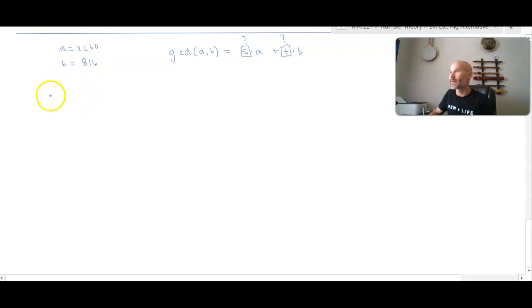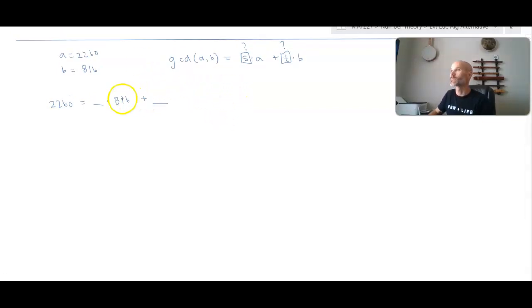So we begin by saying 2260 equals how many multiples of A, how many multiples of B plus what is the remainder. So if we do a little calculation, we can figure out how many times 816 goes into 2260, which is about 2 times.